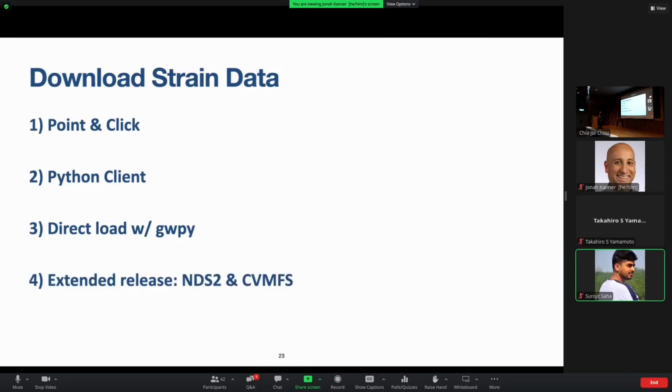And then we do have some extended data releases that are not available through the web interface. These are available through 2 different interfaces. There's something called NDS2, a network streaming service, and then there's the CERN virtual machine file system, which is very convenient if you're working on a large computing cluster.